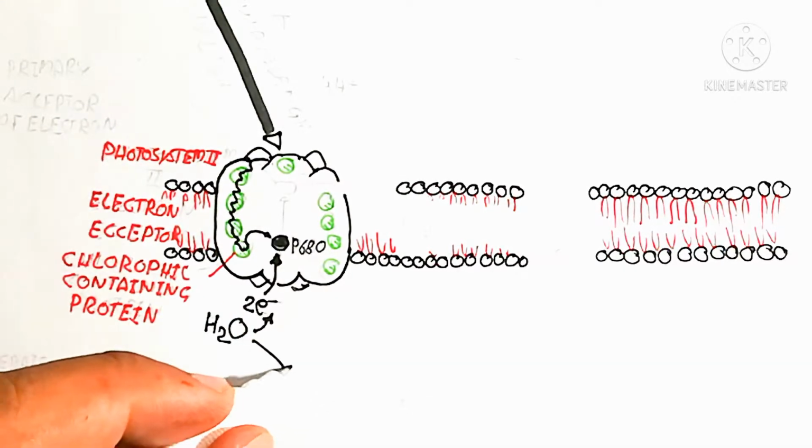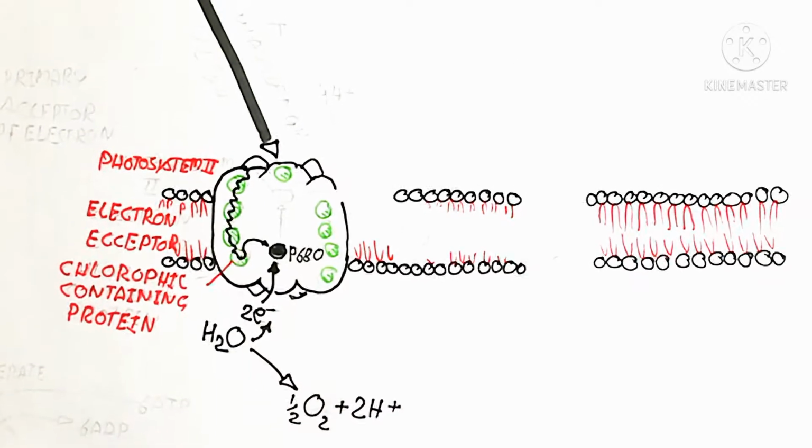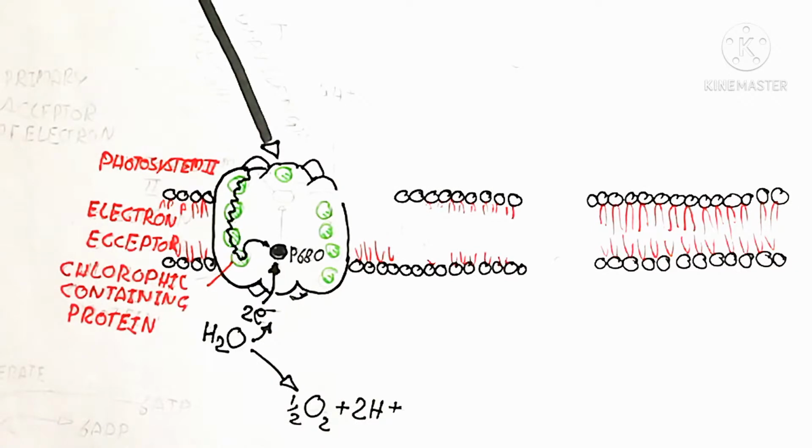So here is the antenna complex. This contains chlorophyll that is known as the primary acceptor of electrons. So this is photosystem 2, and that is the electron acceptor.